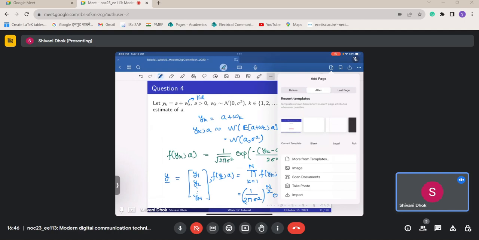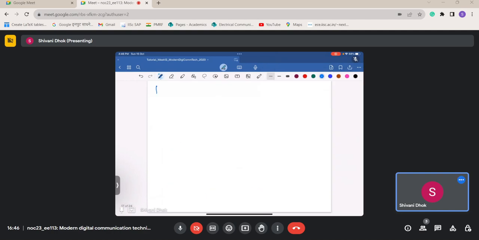So this is your likelihood function. Again I'll write it: f of y given a is simply 1 upon 2 pi sigma square to the power N by 2 into e power minus 1 by 2 sigma square summation k running from 1 to capital N of (yk minus a) whole square. Now I need to find the ML estimate of this a. So your a hat will be argmax of this.